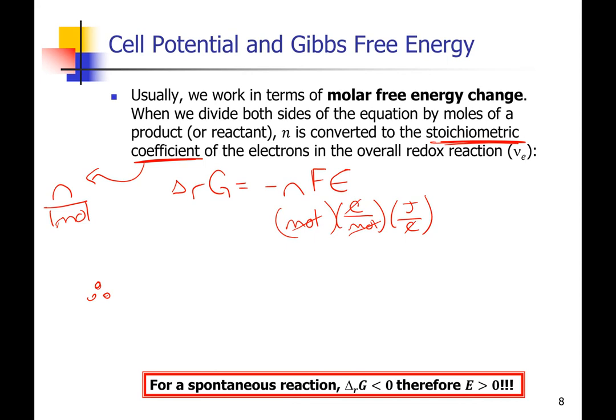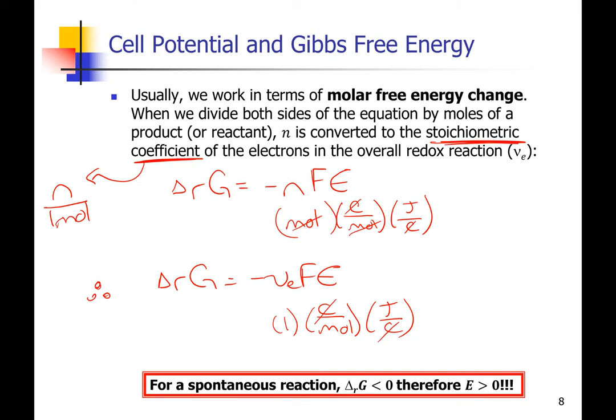And so if we do that and write out the equation like so, then we don't have any units for a stoichiometric coefficient. That gets multiplied by coulombs per mole, which gets multiplied by joules per coulomb. Now, with this version of the equation, we get free energy values out in units of joules per mole, which are easily converted to kilojoules per mole, which are completely compatible with all of the free energy values in all of the standard thermodynamic tables. And for that reason, we will be using the stoichiometric coefficient rather than n for the number of moles.